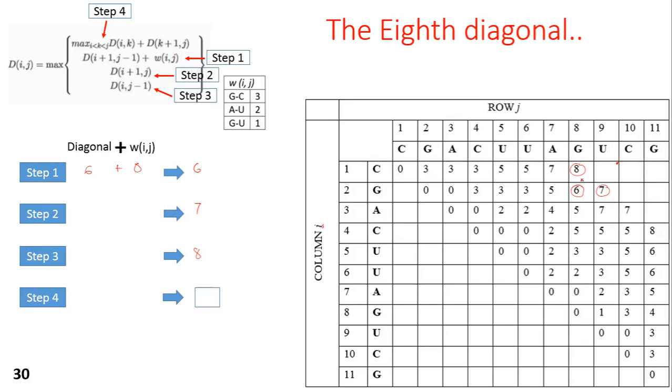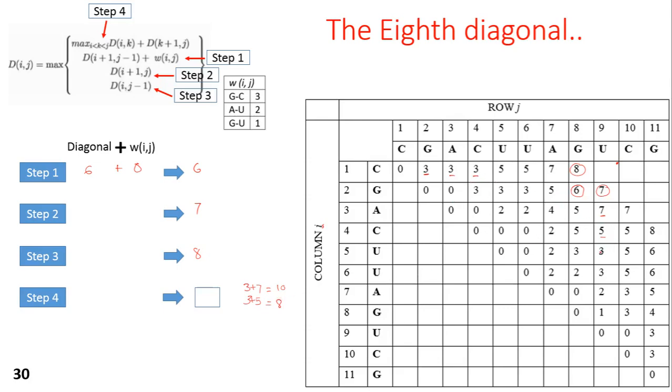For calculating this, the very first number that we need to do is to add up this 3 with 7. 7 plus 3, that would be 10. 3 plus 5 would be 8.